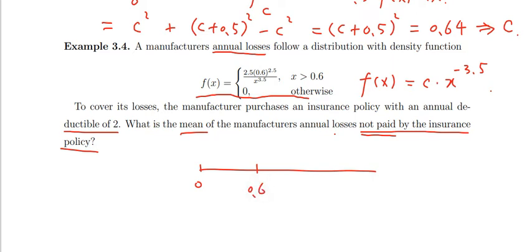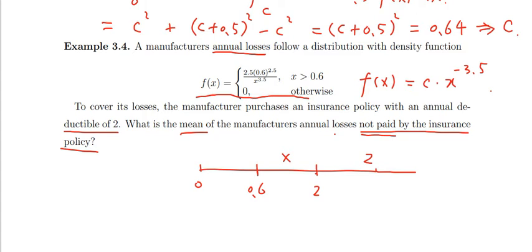The deductible is 2, so between 0 and 2, the company will not pay, so the not paid amount is x. When the loss is larger than 2, the company will pay x minus 2, but the not paid amount is 2.